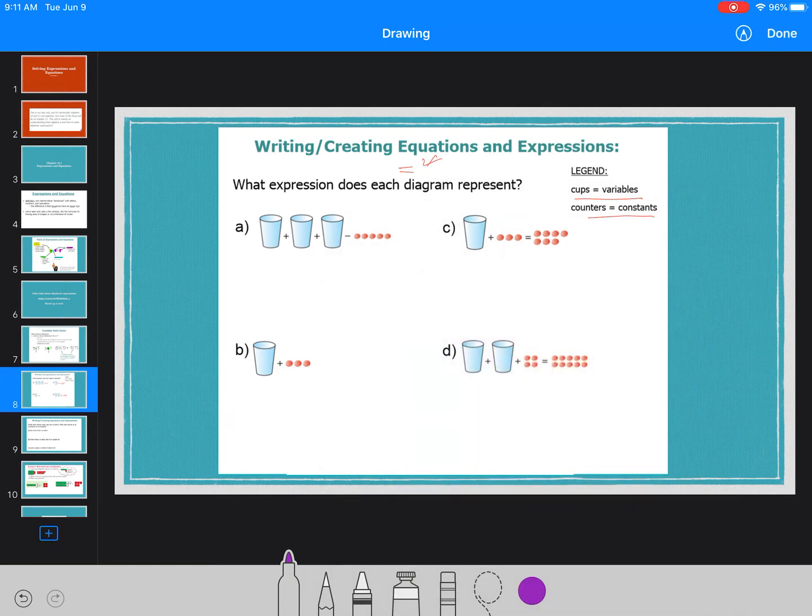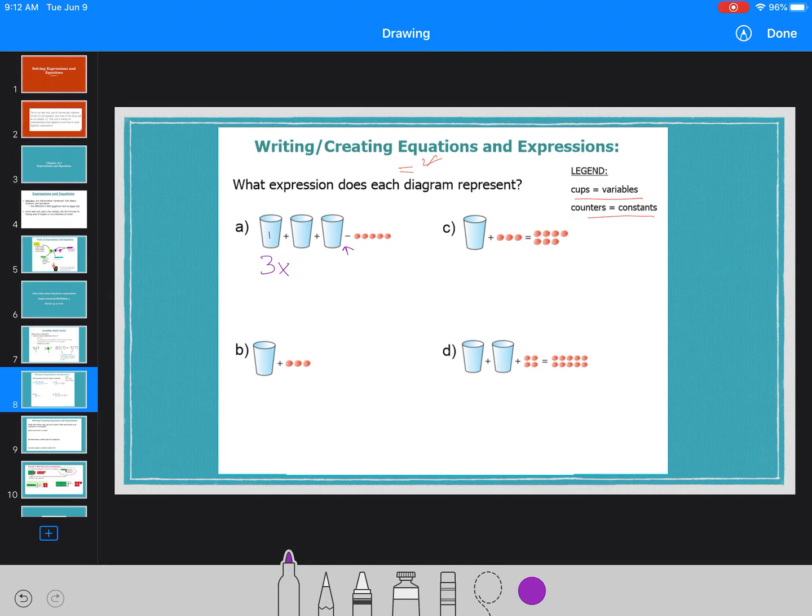Okay, the cups are variables, so like the x or y, and the constants will be the actual number. So let's do this first one, A. So how many cups do we have? We have 3 cups. So that becomes, let's use x, 3x. Okay, and here's our operation here.